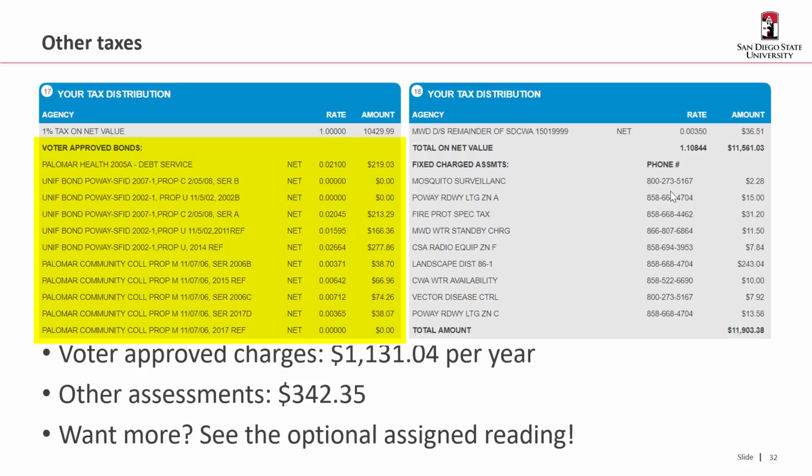So you can see the voter approved charges are about $1,100 a year. The other assessments are $342 a year. And if you want to know more about property taxes, I posted a really well prepared reading for property taxes in California as an optional reading in Blackboard under Module 1.